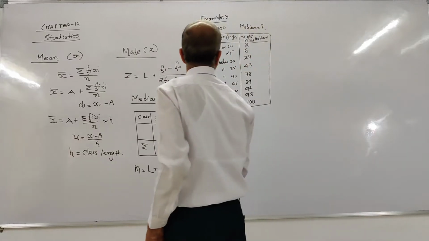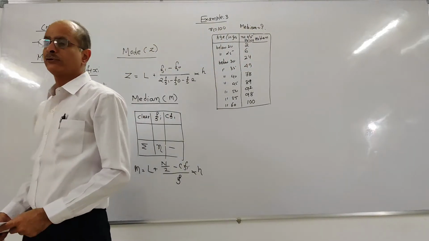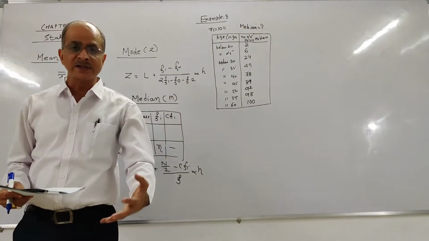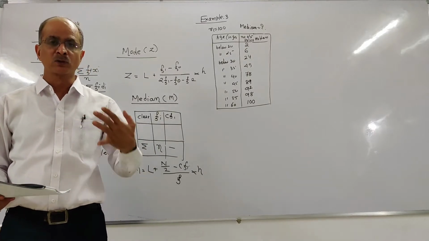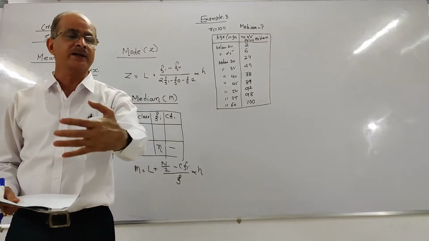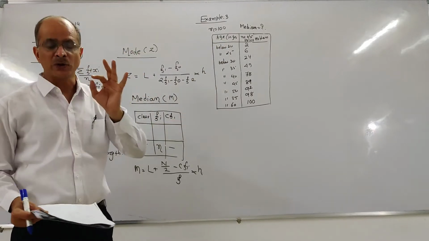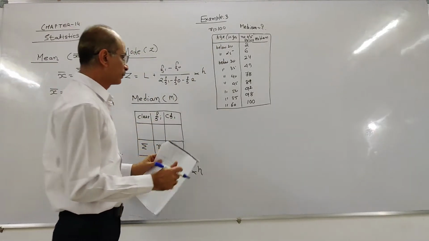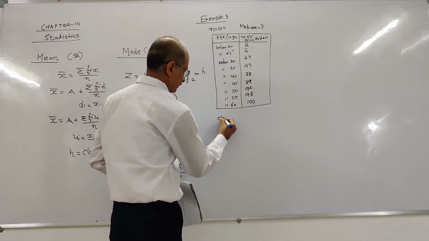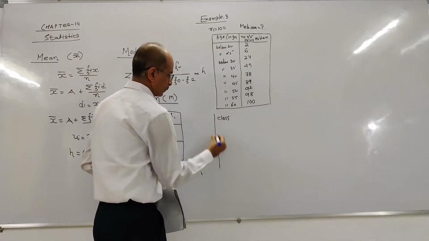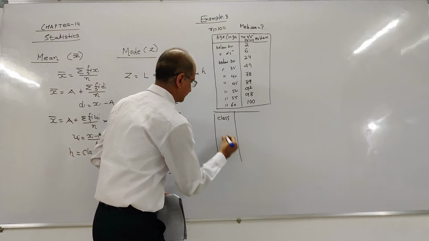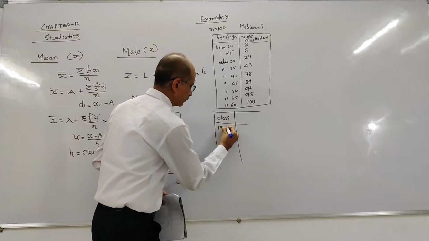You know, below 20, and you have to give this policy to the person whose age is more than 18. So below 20, more than 18. So your first class is 15 to 20.